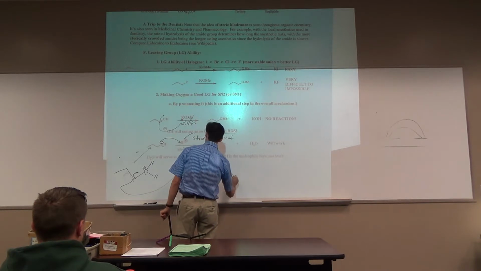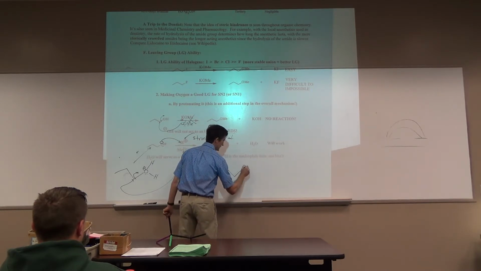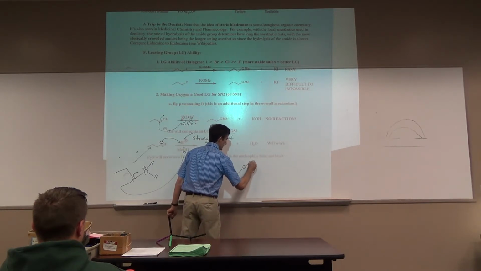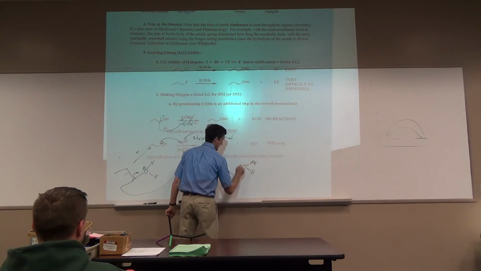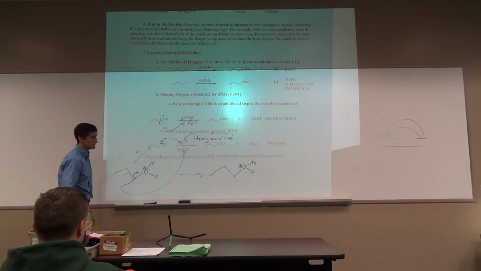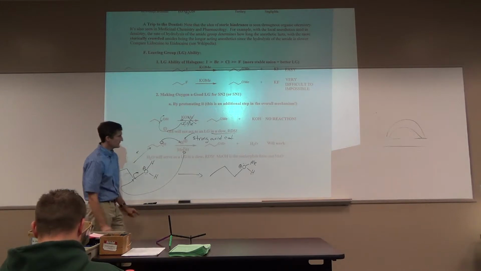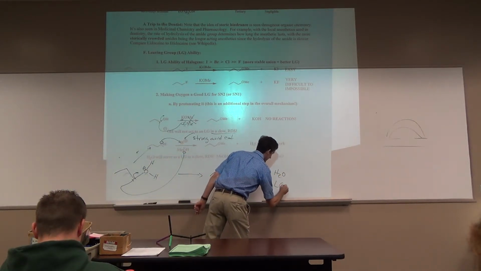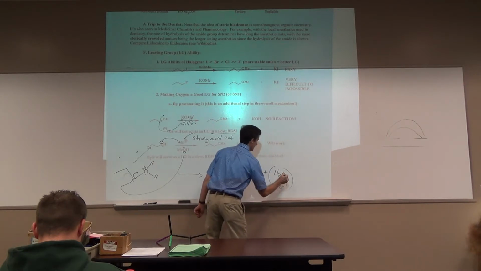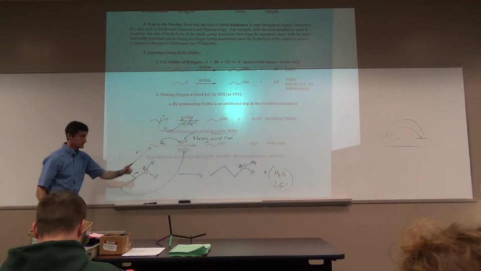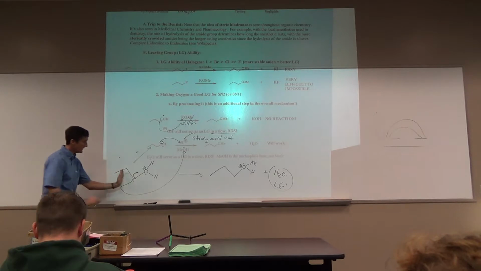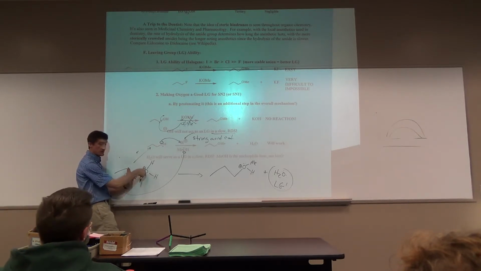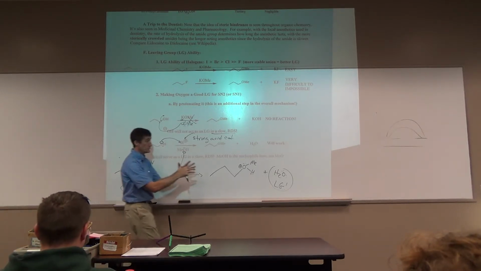Now we have oxygen with an H and a methyl. That's positive now. Plus what? Water. Plus water, the LG. Water will leave, and when the oxygen leaves, it takes its lone pair back and becomes neutral water.